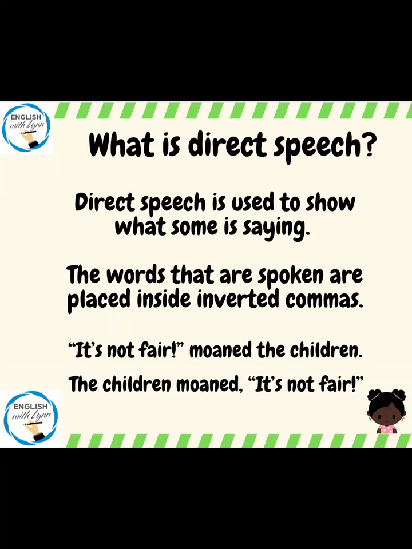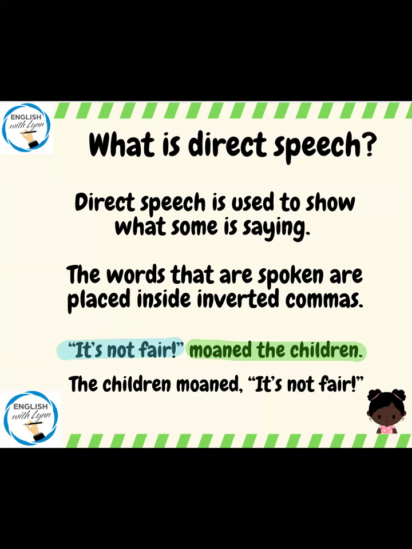Okay. And when you have the direct speech, you will have two separate bits. You have the bit that is being spoken, and you also have the bit that is the reporting clause that says who is speaking. And notice when you have the direct speech, "It's not fair."